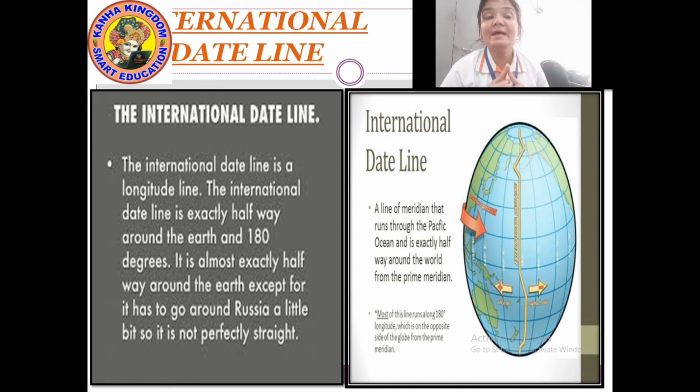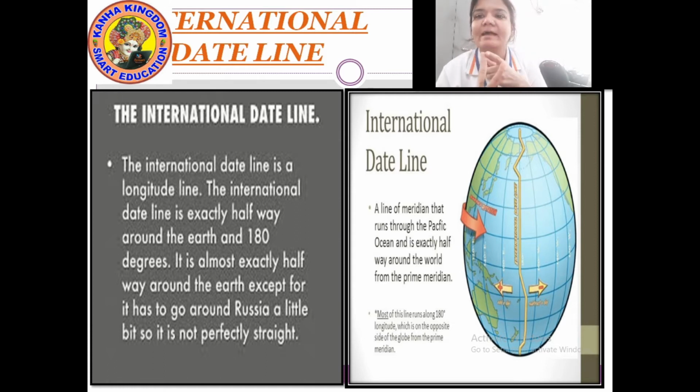The line of meridian that runs through the Pacific Ocean and is exactly halfway around the Earth from the prime meridian is known as the International Dateline. And as I had told you in the last session, the International Dateline marks the difference of date between which two hemispheres?